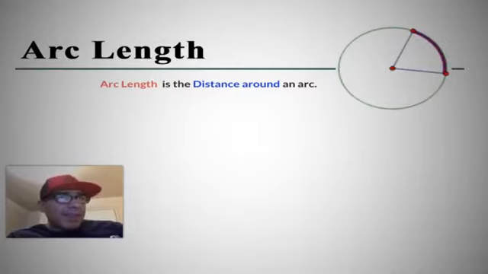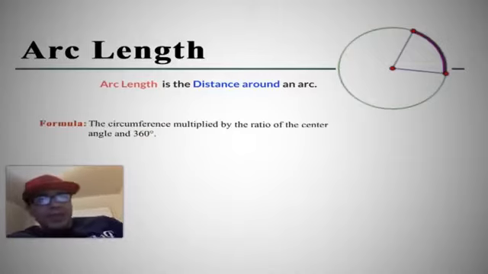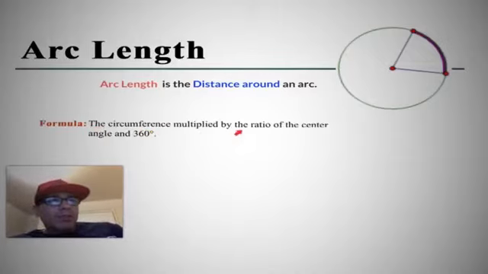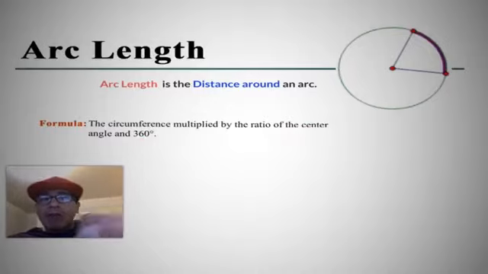When we're trying to calculate that, we need a formula. The formula is the circumference multiplied by the ratio of the center angle and 360. I remember reading those math textbooks and I was like, what?